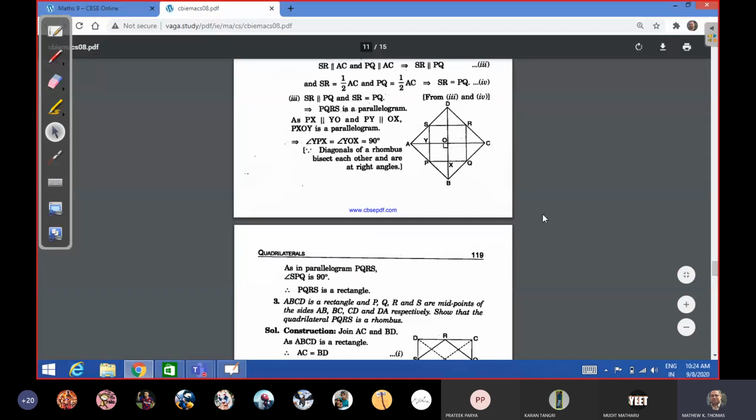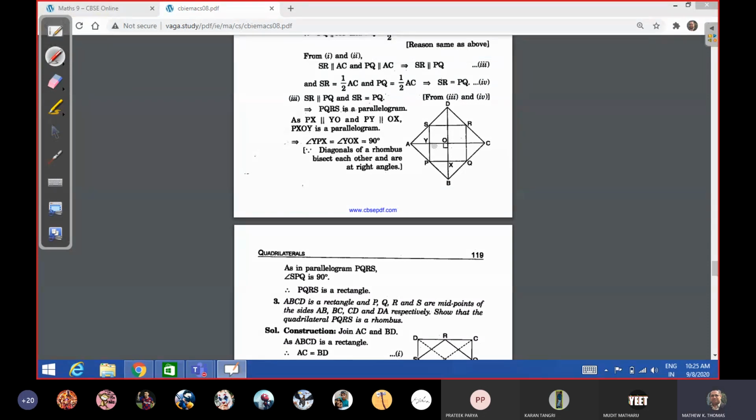And if this angle is 90, then what is going to happen? The figure shown here, I'm going to shade this figure, that is PXOY. What do you think this is? This is a small parallelogram. Why is PXOY a parallelogram? Because opposite sides are already parallel. We have already said that this line is parallel to this and this line is parallel to this, since we know that the line joining midpoints is parallel.